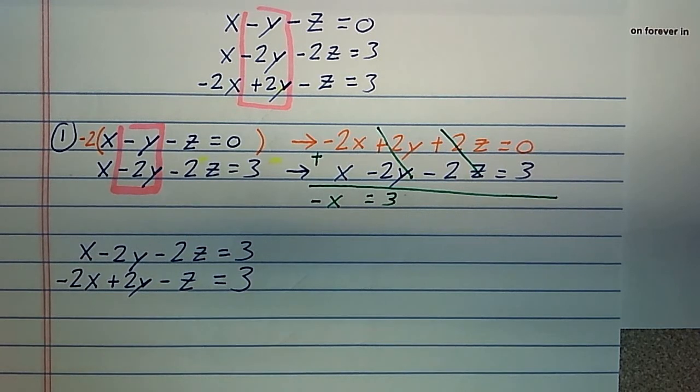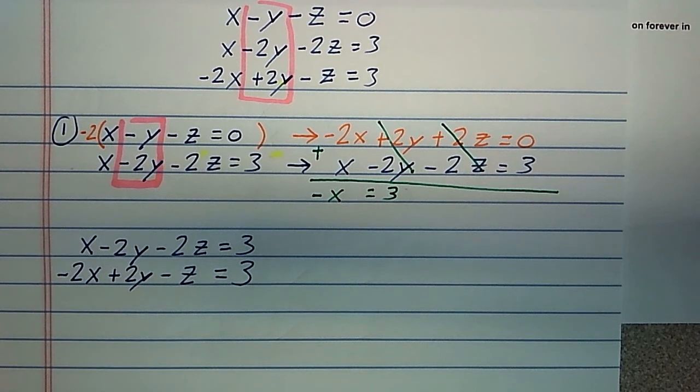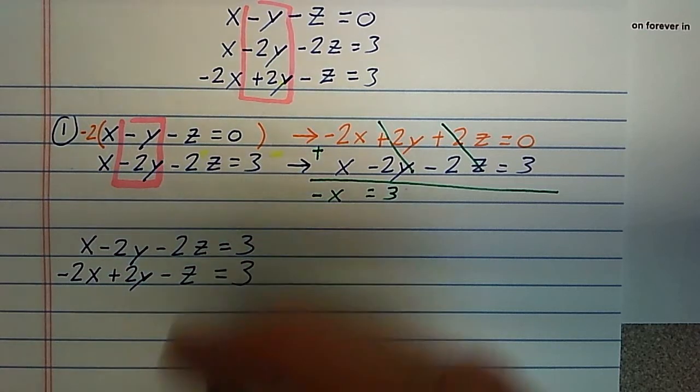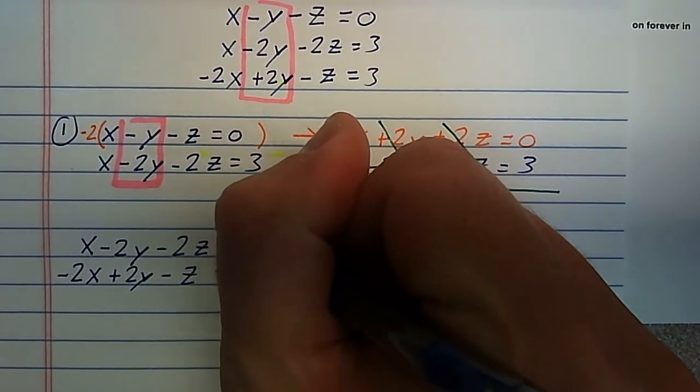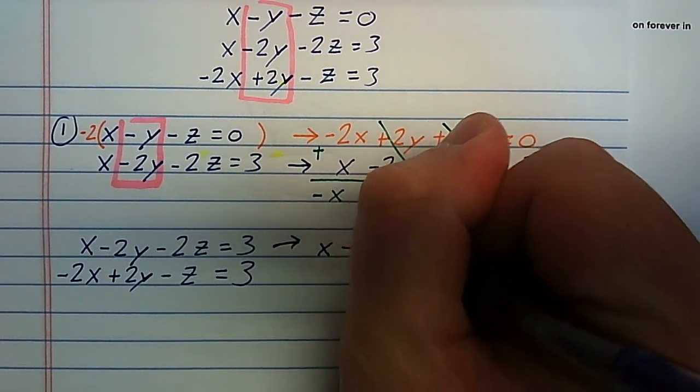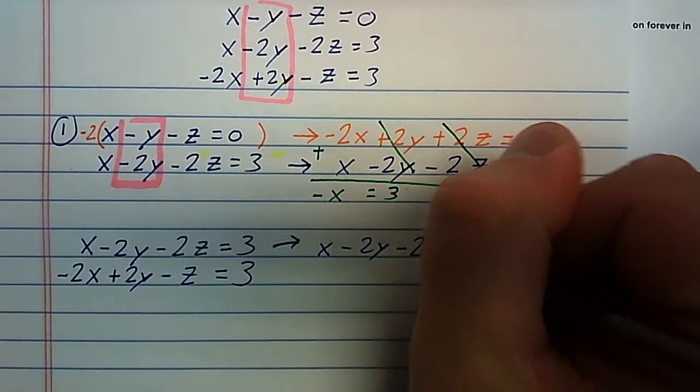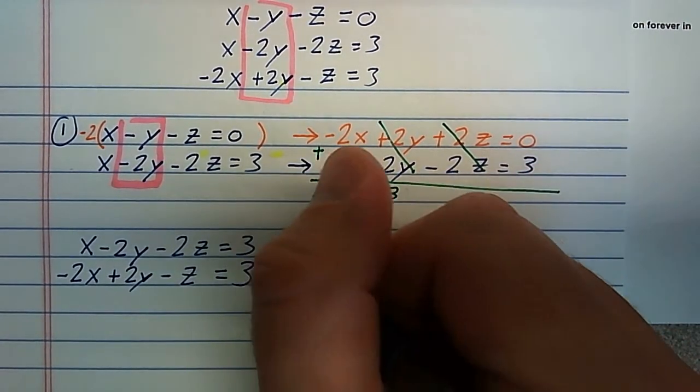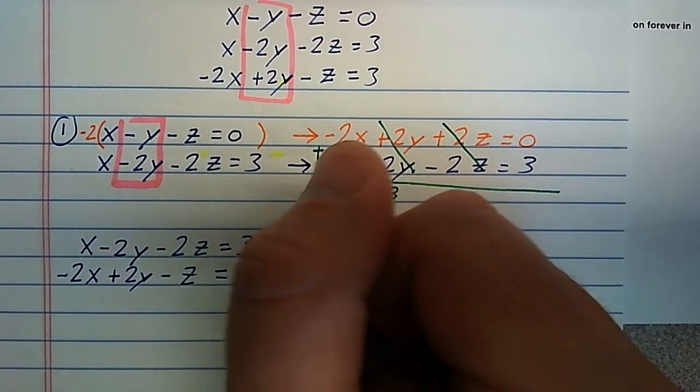But let's see what we get with the second one. The second one, I could just add those together, and just to be consistent, I'm going to keep this the same. Keep this the same.